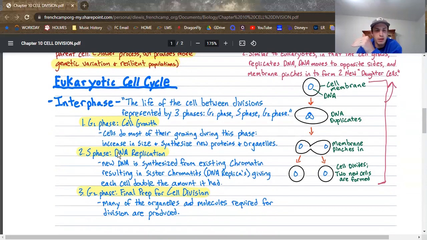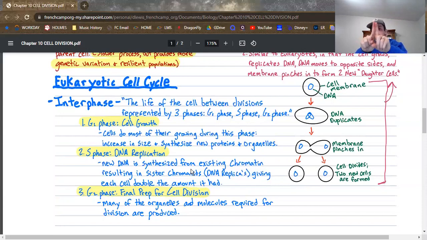The next step in interphase is the S phase, DNA replication. New DNA is synthesized from existing chromatin. And so you have the chromatin that already exists. You got a strand of it. And so that strand splits and then copies get filled in for the parts that were taken away.